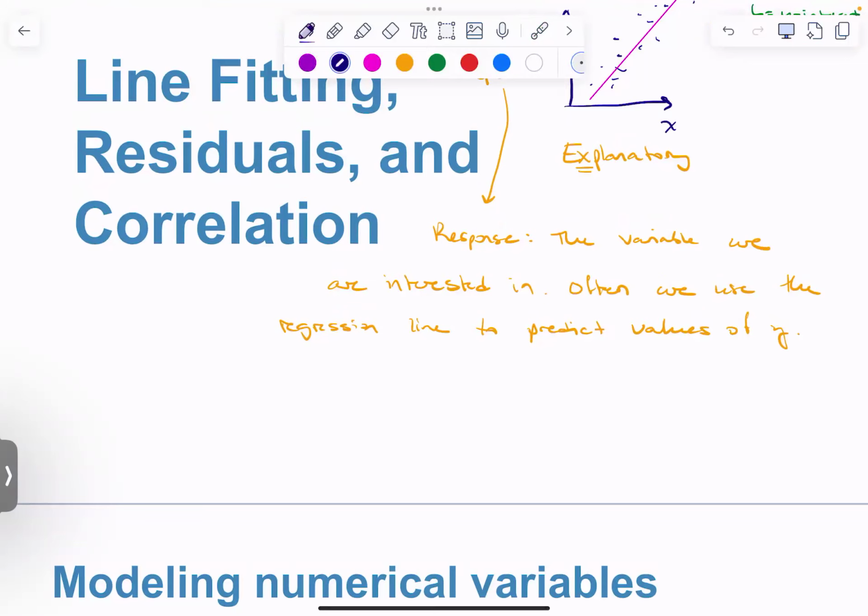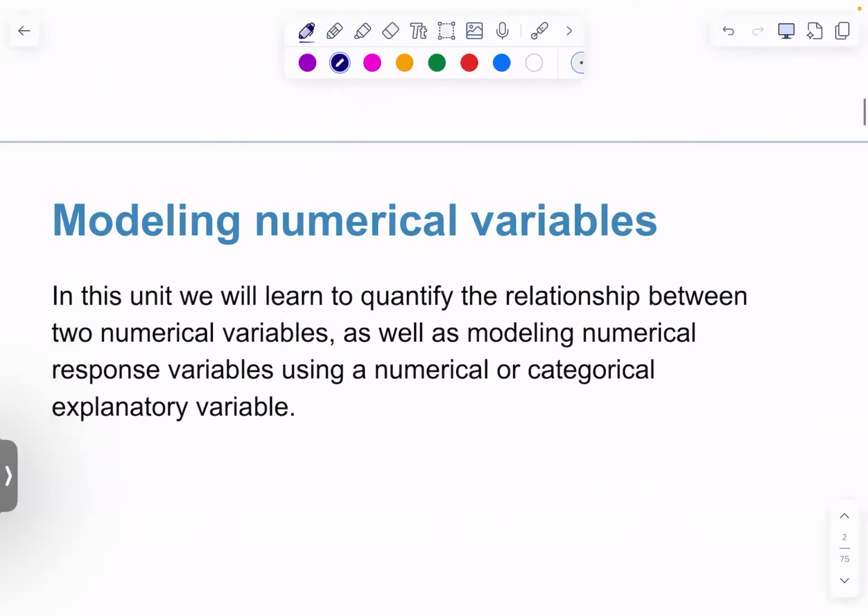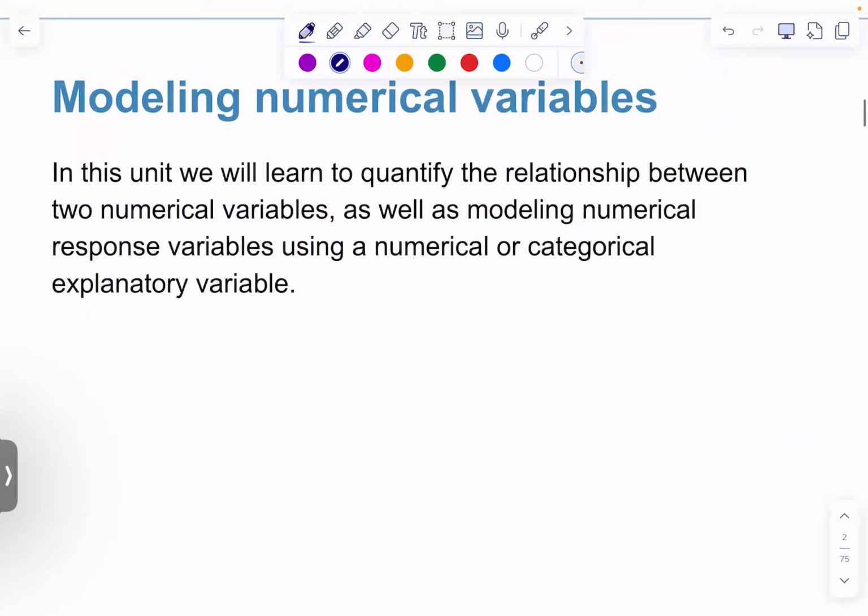So before we can fit the line of best fit or build the regression line, we need to kind of take it way back and talk about some other things first. So we're going to learn to quantify the relationship between two numerical variables, okay?